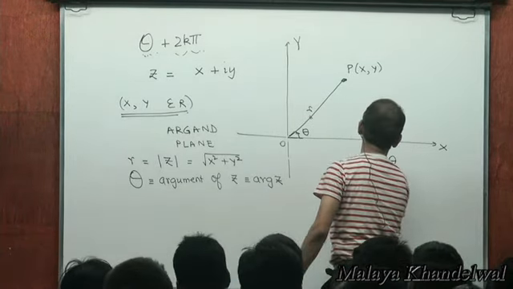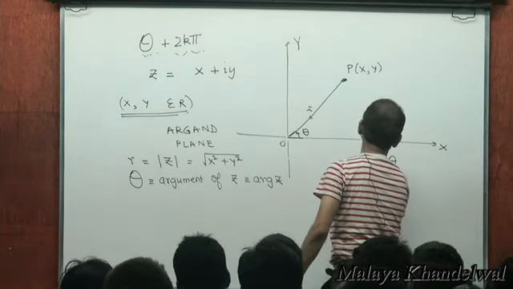Now, the moment someone says z1 equal to z2, it really means that z1 and z2 are represented by the same point. If they are represented by the same point, they will have the same x coordinate and the same y coordinate, yes or no? Yes, right?